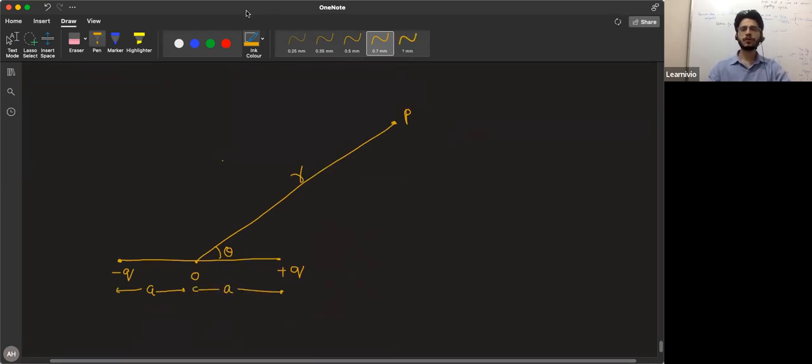What's the expression of dipole moment? Alia, what is the expression of dipole moment? How do we calculate dipole moment? P. Mazia, what is the formula for dipole moment?